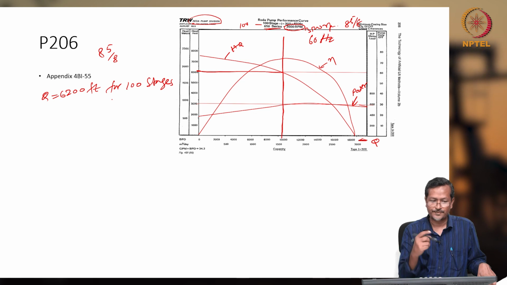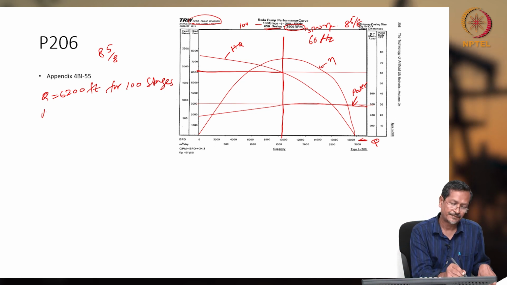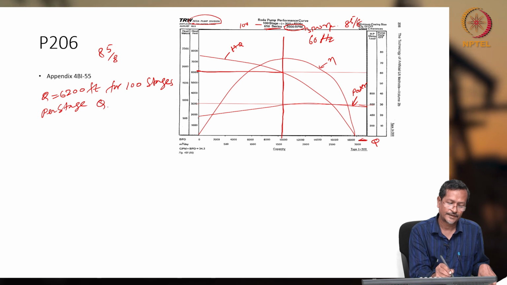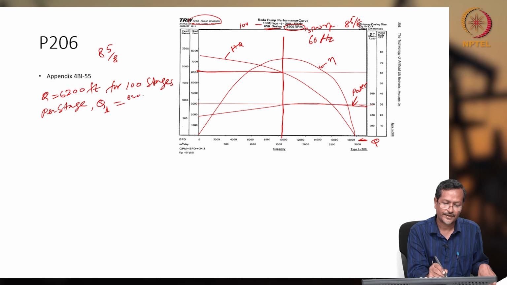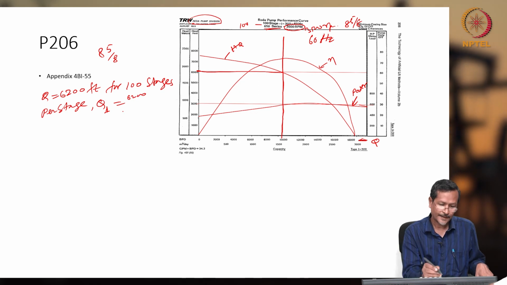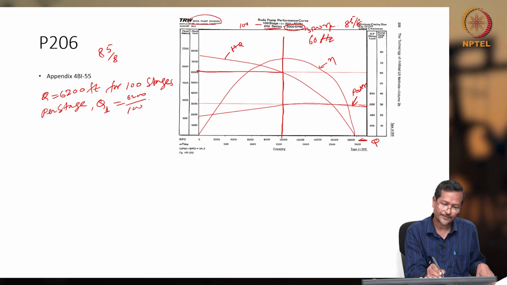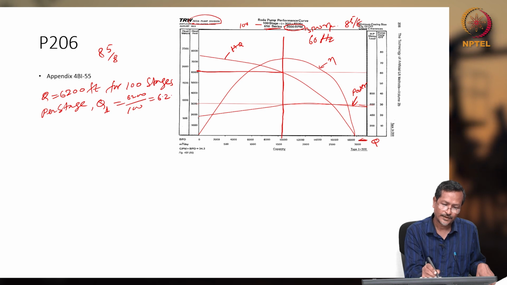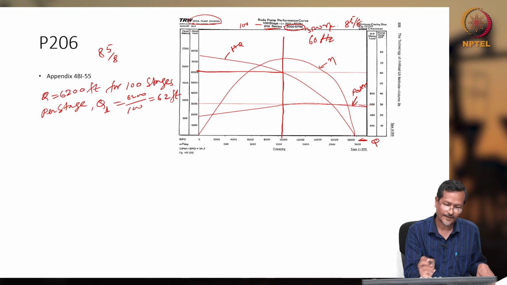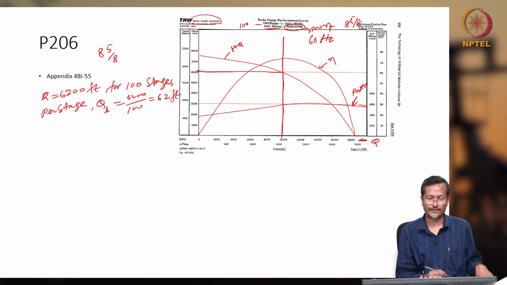Okay, so that means per stage, Q stage 1 is 6200 divided by 100, so that means 6.2 feet, not 6.2, this is 62 feet. 62 feet flow rate you are getting.